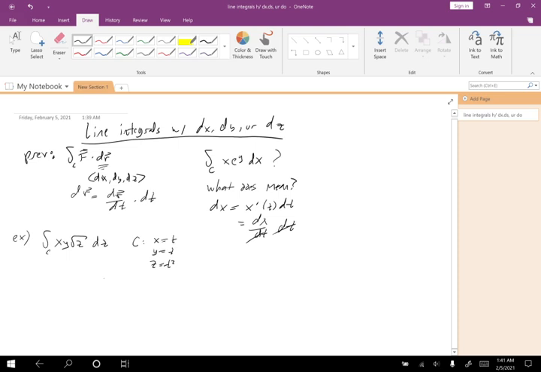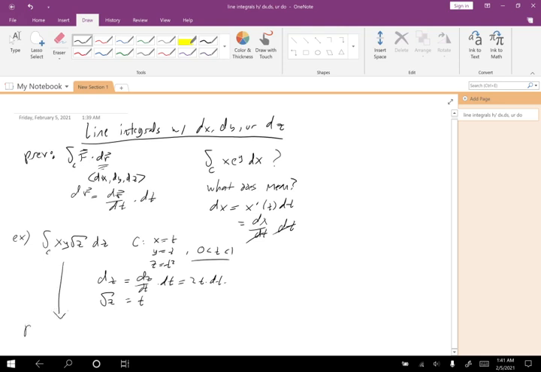So according to this recipe, dz will just be equal to dz/dt times dt, so it's just 2t times dt. And similarly, square root of z will be equal to t. Oh, and I'm sorry, the curve has limits 0 to 1.